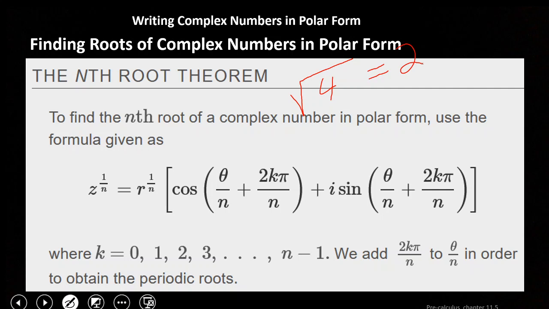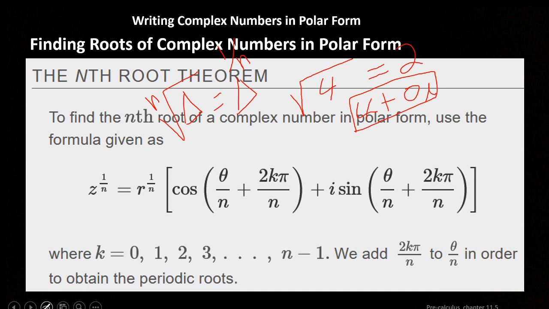So we're going to think of 4 as actually 4 plus 0 times i, which is a complex number. And then we're going to use this theorem. Again, for roots of complex numbers, we use this theorem. Now first of all, the nth root of something is the same as that thing to the power of 1 over n, right?